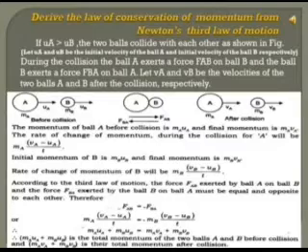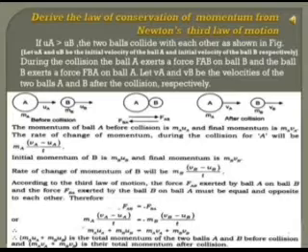Consider ball B: its initial momentum is MBUB and its final momentum is MBVB. Again, on applying Newton's second law of motion, the rate of change of momentum of B will be FBA equals MB into (VB minus UB) divided by t.